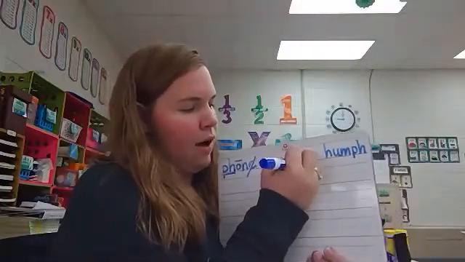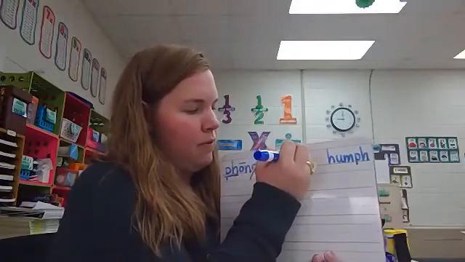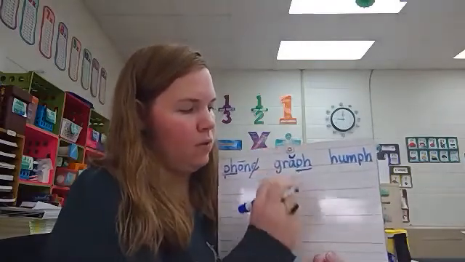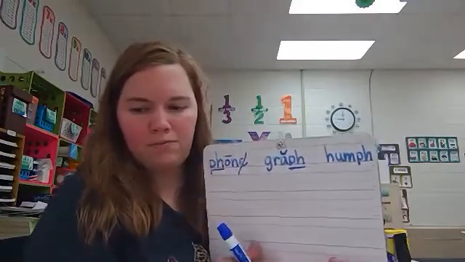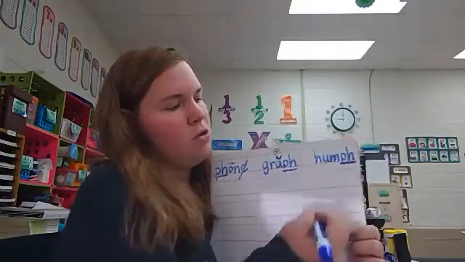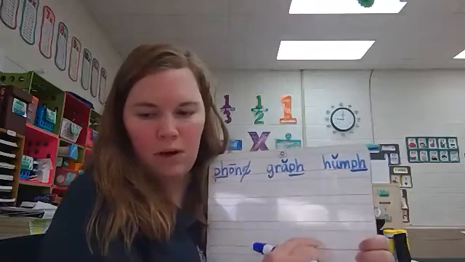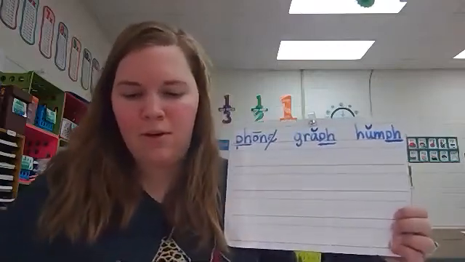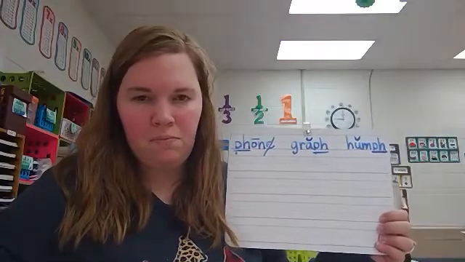We have digraph PH to underline, and a breve above the A. This word is graph. Graph. And we have digraph PH and a breve above the U. This word is humph. Do these words need any other coding?